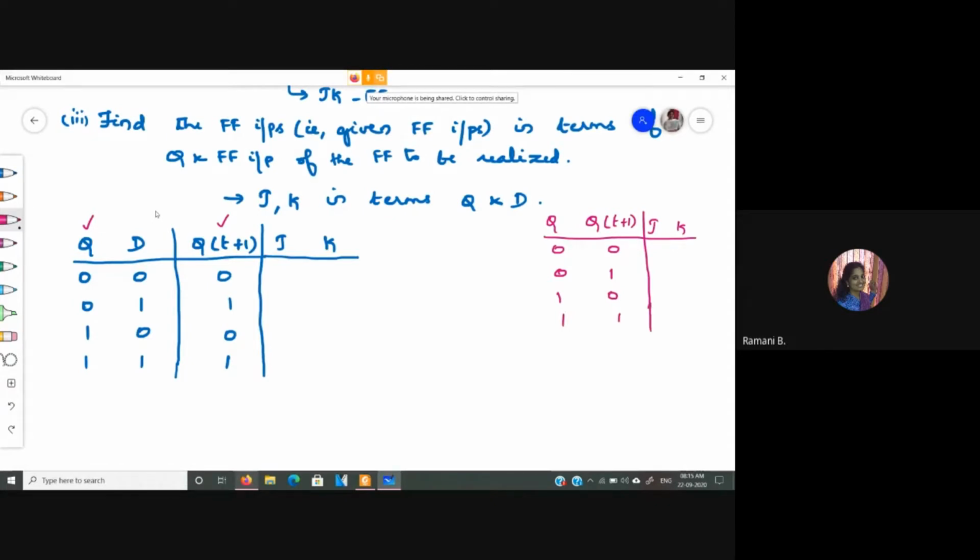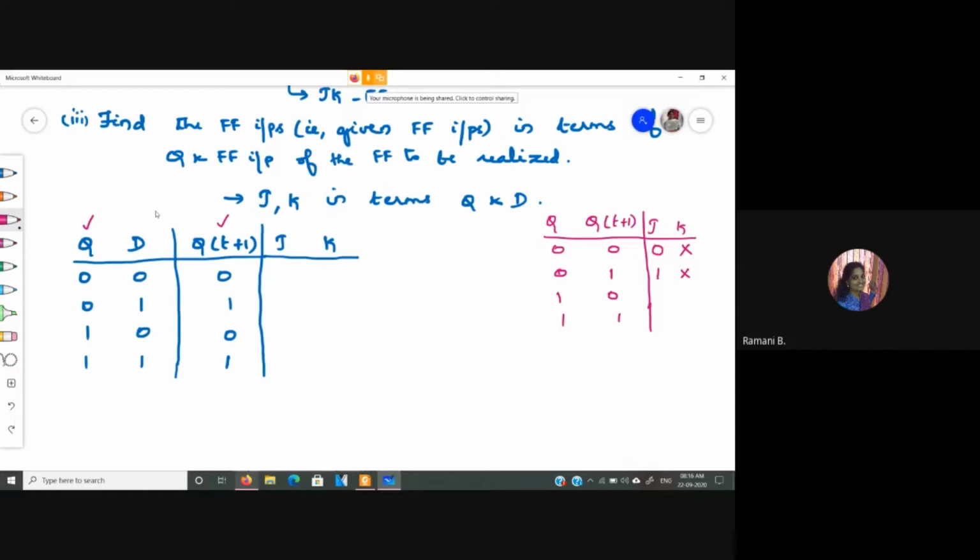With present state and next state value 0, 0, it is either the no change condition or the reset condition. So you will be having 0 and don't care. Then for 0, 1, it is either the toggle condition or the set condition. That is 1, 0 or the 1, 1 condition. So 1 and don't care.